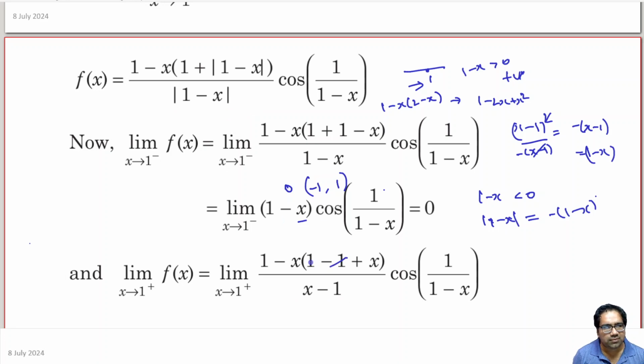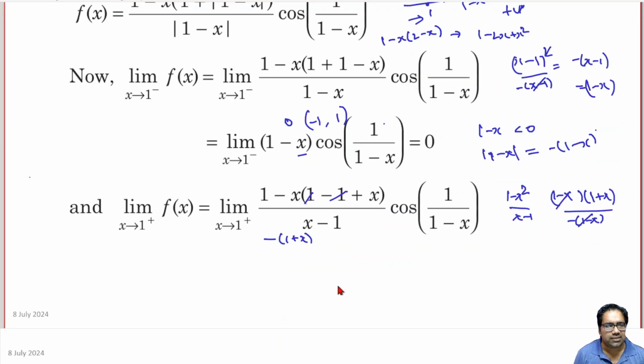Now this and this will get cancelled. We have (1 - x) squared by (x - 1), which is nothing but (1 - x)(1 + x) by minus of (1 - x). This and this will get cancelled. So we have minus of (1 + x).